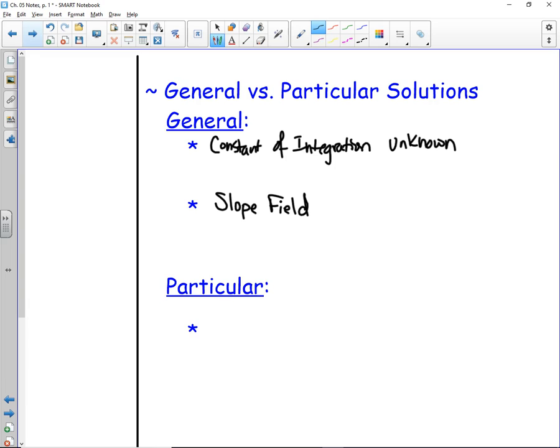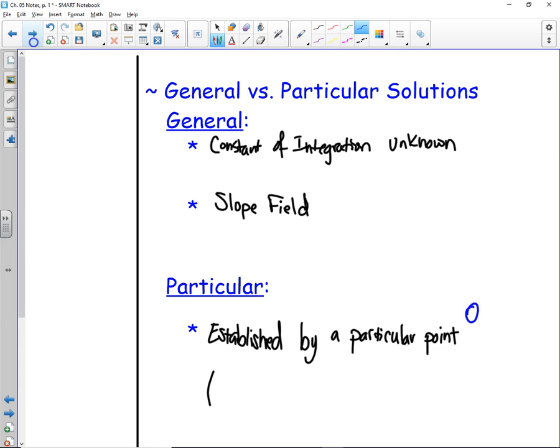A particular solution is an actual established curve, and it's established by a particular point, which I call a clue. They give you some sort of point that establishes it, that we could plug in and solve for c.